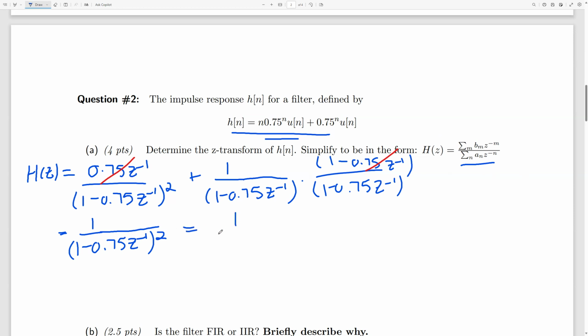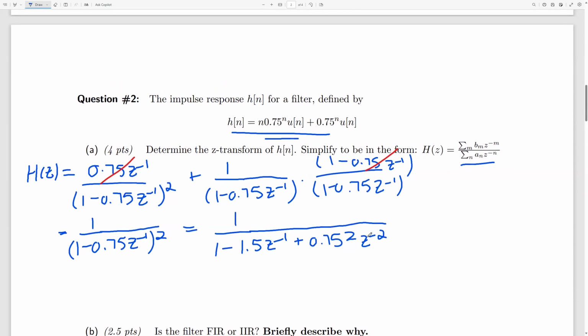So this would be 1 over 1 minus 2 times 0.75, 1.5 z^-1 plus whatever 0.75 squared is, z^-2. Okay, that's actually your answer right there, and you're done.